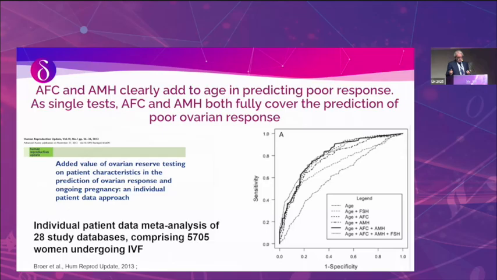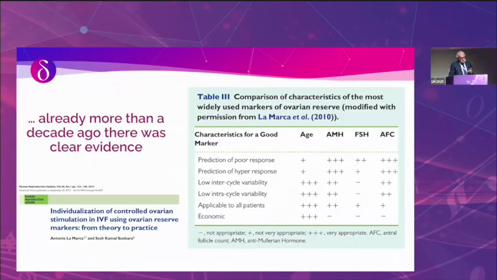There is also a correlation with the poor ovarian response, between antral follicle count and also anti-Mullerian. And in the study this morning, other presenters showed these slides.